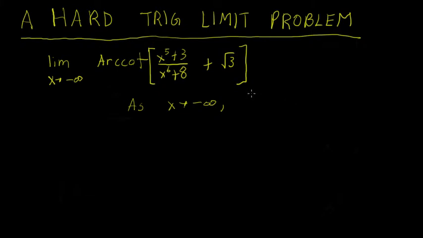So I'll just say x to the 5th plus 3 approaches negative infinity to the 5th, which is still negative infinity.